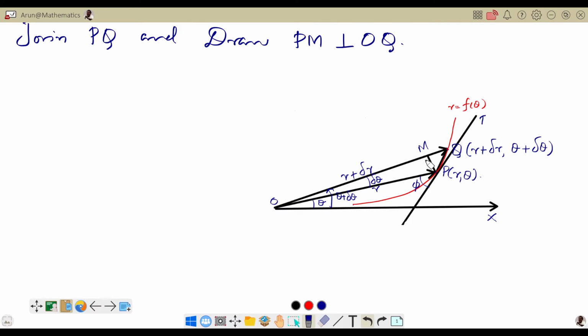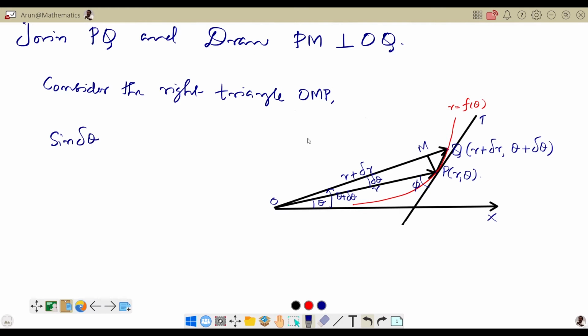We consider the right triangle OMP. In this right triangle, you know that this is 90 degrees. We know that sine delta theta equal to PM by OP.